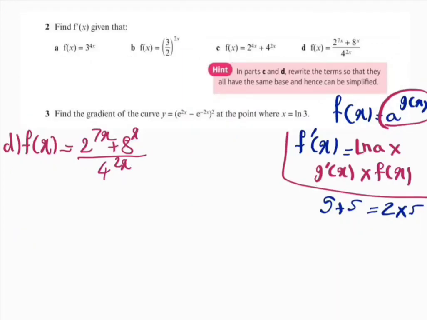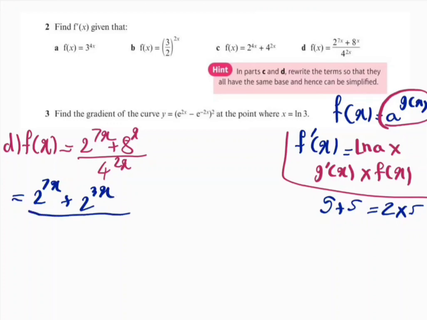D, f of x is 2 to the 7x plus 8 to the x over 4 to the 2x. And this is very similar to the previous one. We can start by writing 2 to the 7x plus, we know that 8 is 2 cubed, so 2 to the power of 3 times x, which is just 2 to the 3x.